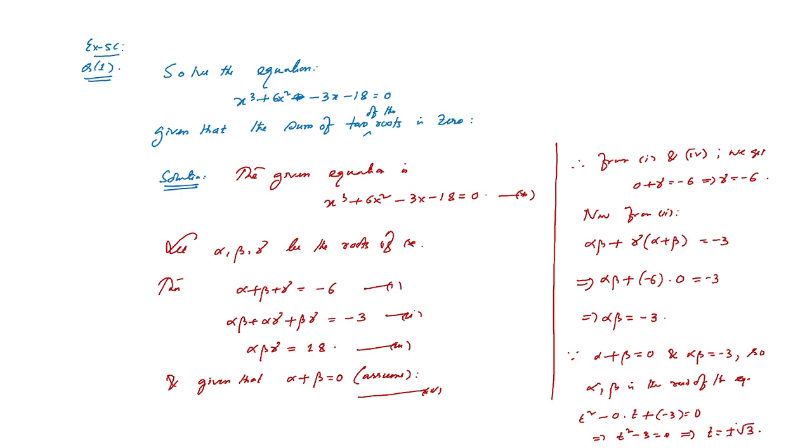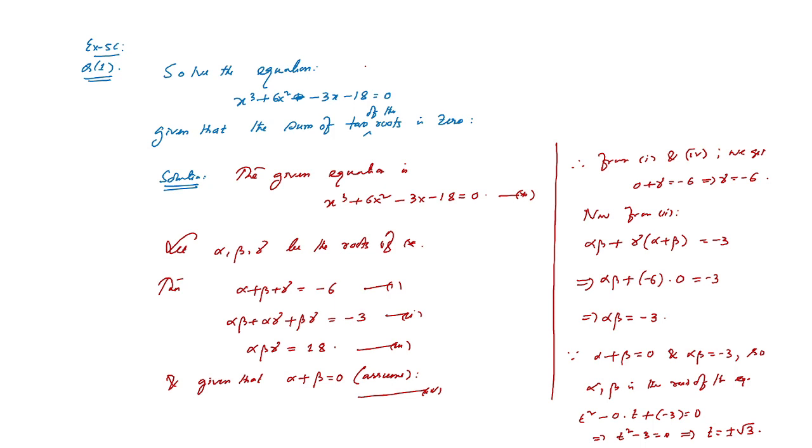Okay. So we will take alpha equals to root 3 and beta equals to minus root 3. And what about gamma? Gamma equals to minus 6.